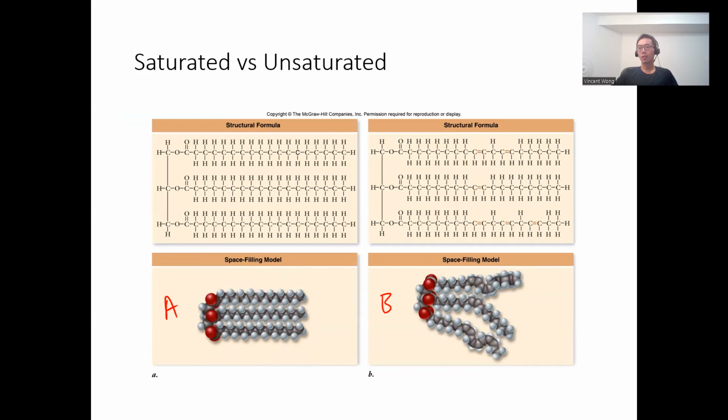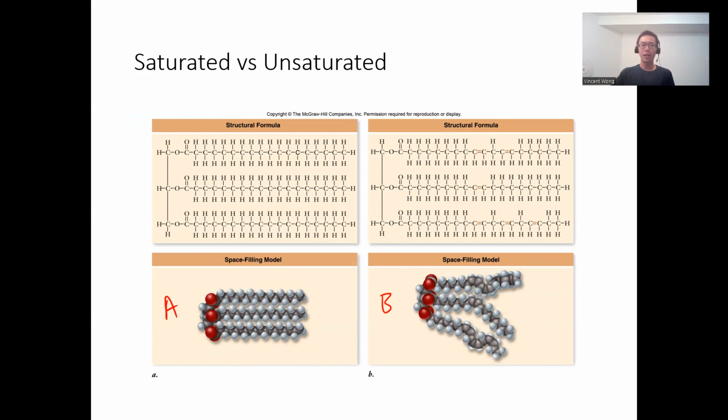Okay, I'm gonna give you the poll. Which one looks like saturated fat?